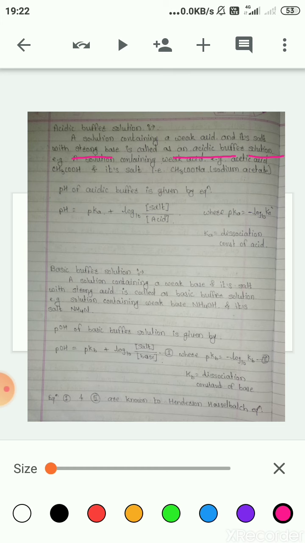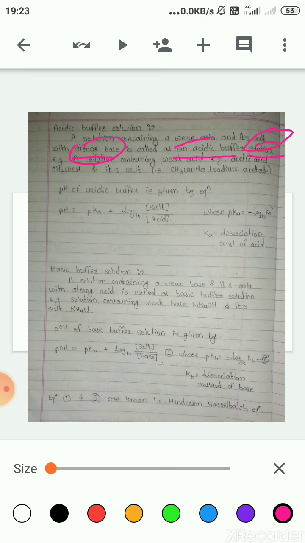It is a solution of a weak acid and its salt. As it is a salt, it forms one cation and one anion, that means one ion having a tendency to attract towards a negative ion and one ion having a tendency to attract towards the positive ion. And with a strong base means it has a tendency to abstract more H plus ions.